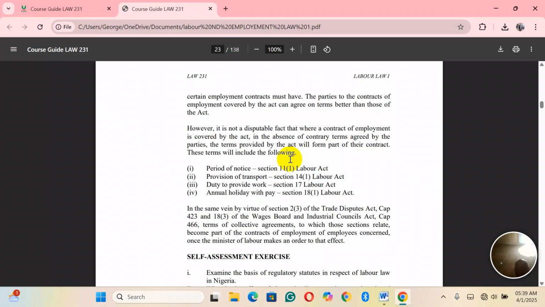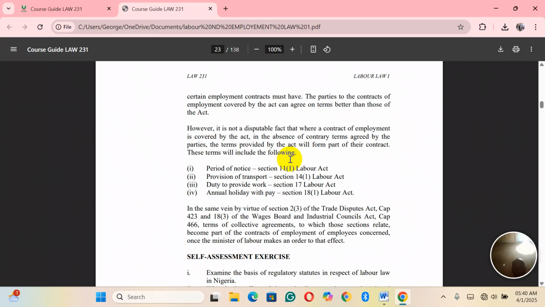Two, the provision of transport, section 14 subsection 1 Labor Act. Then duty to provide work, section 17 Labor Act. And also annual holiday with pay, section 18 subsection 1 Labor Act.